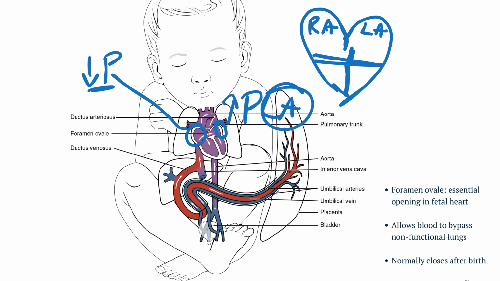Now, when we increase pressure in the left atrium and decrease pressure of the right atrium, which I told you is what happens here, these flaps close. So we have a closure of the flaps. So the flaps that form the foramen ovale end up pressing together, closing the foramen ovale. This closure typically happens immediately after birth, with complete anatomical closure or fusion of these flaps happening within months. Well, that's what's supposed to happen.